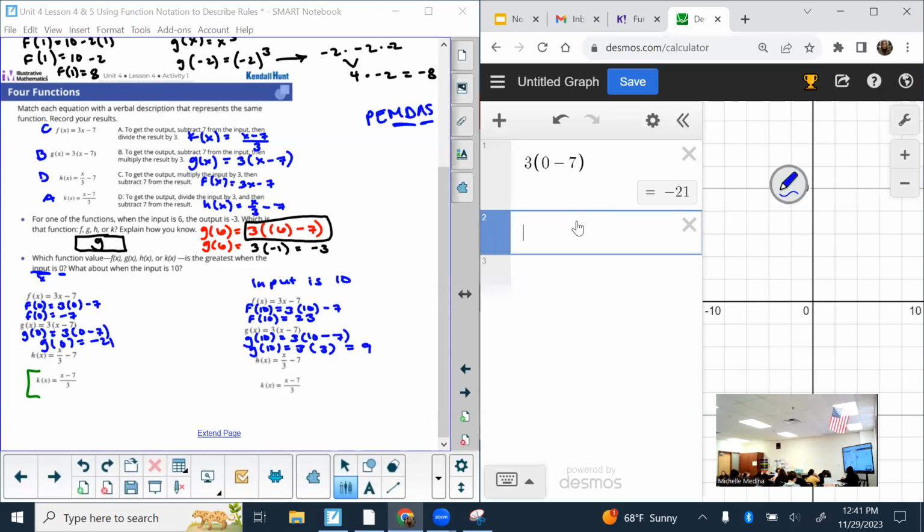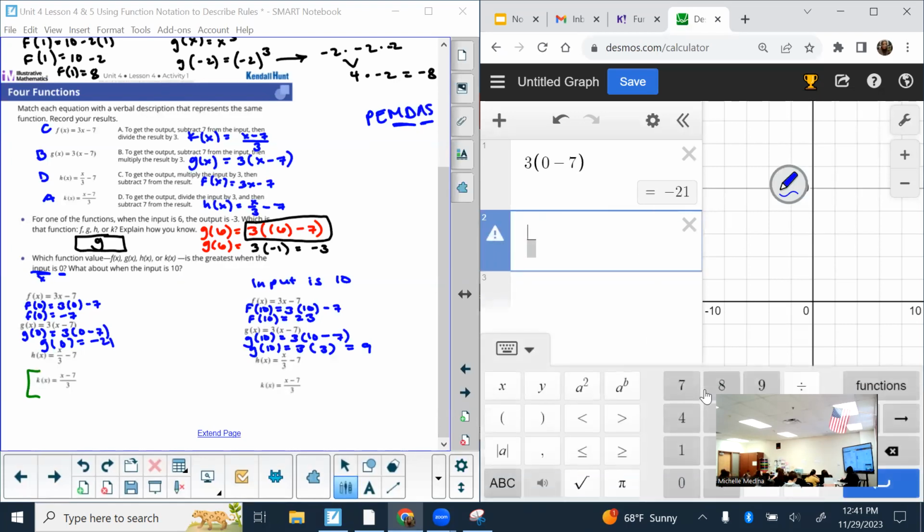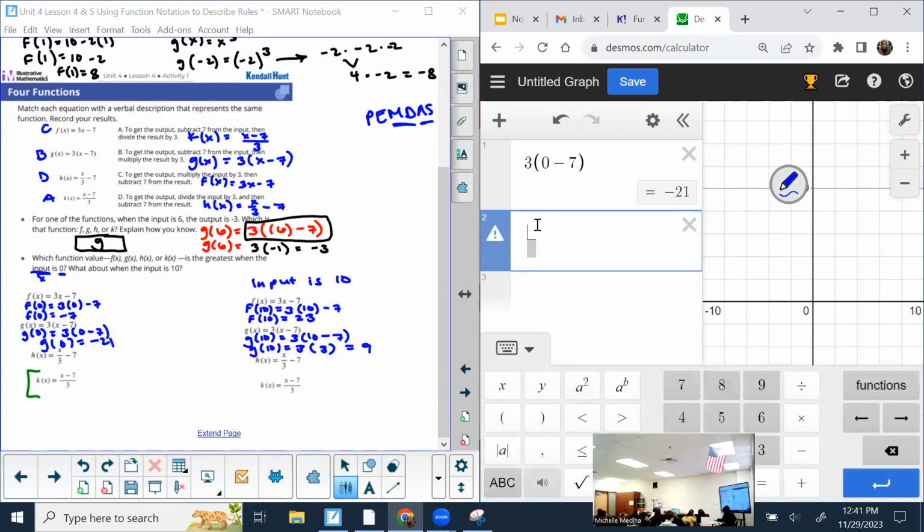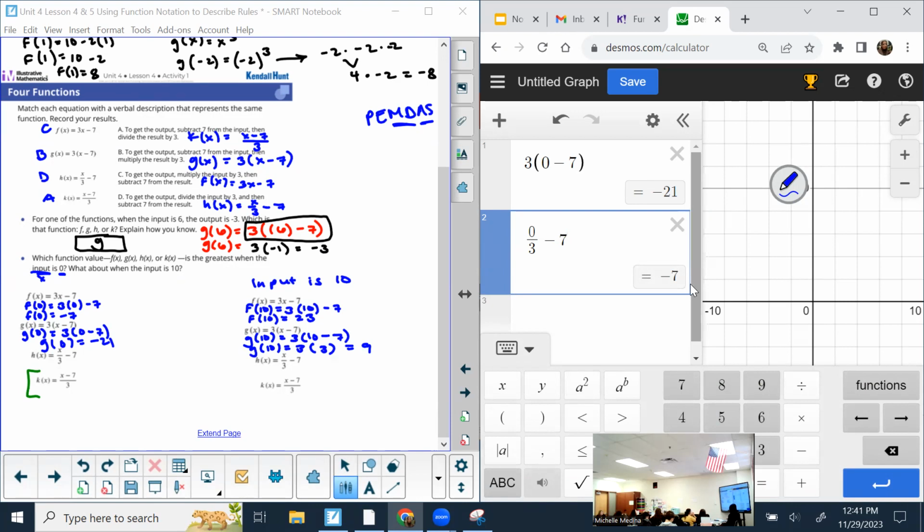Press the slash or the division sign, because a fraction bar means to divide. So if you press that, then you get this, and you can just type in my input that we're testing right now, which is 0. We're going to divide that by 3 and then arrow out of it. And then it's -7. This is your h of x, right? And when I do that, I get -7. So h of 0 equals -7.